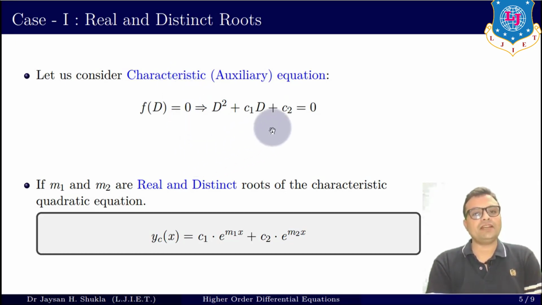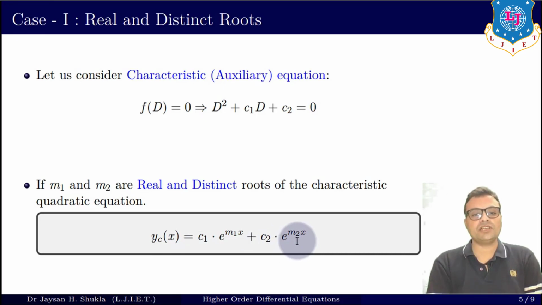Now, if I factorize this and I receive two real and distinct roots, namely m1 and m2, then the corresponding complementary function is denoted by yc of x, and it is given by c1 times e raised to m1 x plus c2 times e raised to m2 x.